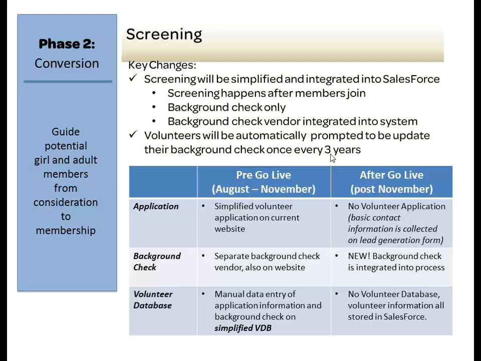Before we go live, though, we still have to collect the volunteer's information. And so we will still have a volunteer application, but it will be dramatically simplified from where it is today, including taking off all of the requests for references, some of the education information. So there will still be an application check before November, but again, it's going to be much more simple than it is today.